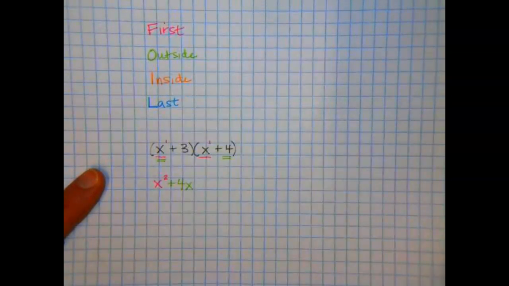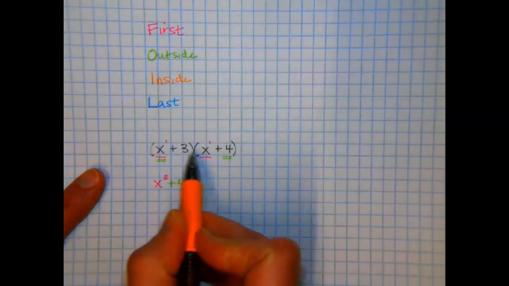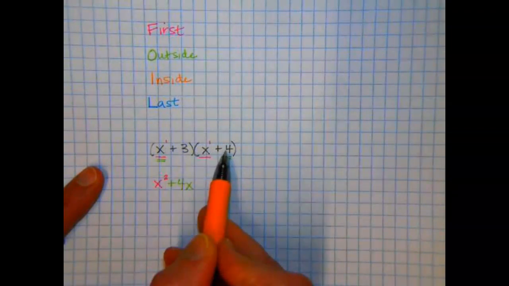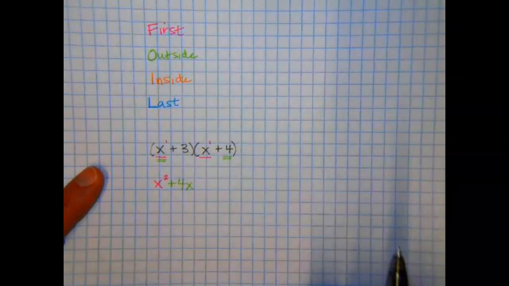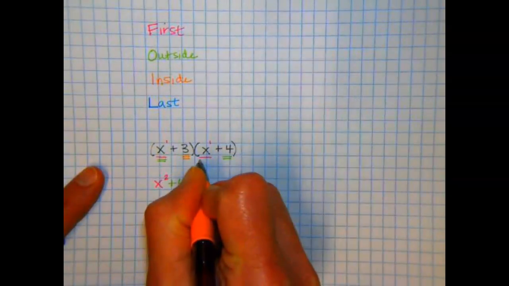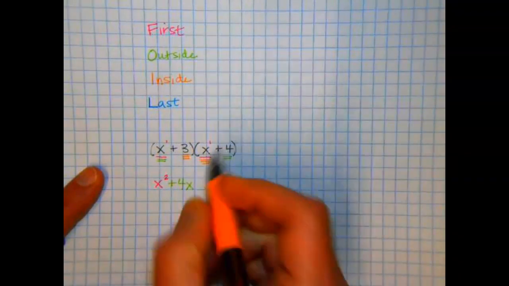Inside refers to the terms that are on the inside. If these two are on the outside, that means these two are on the inside. We have 3 times x.